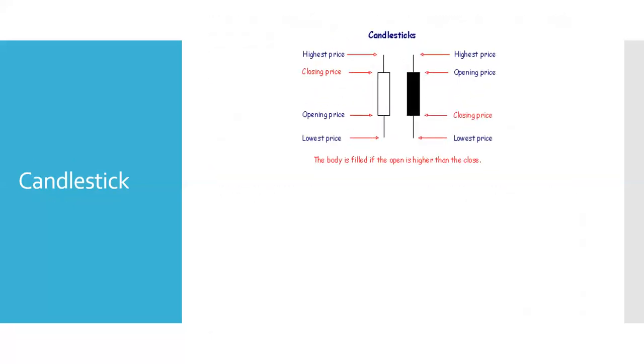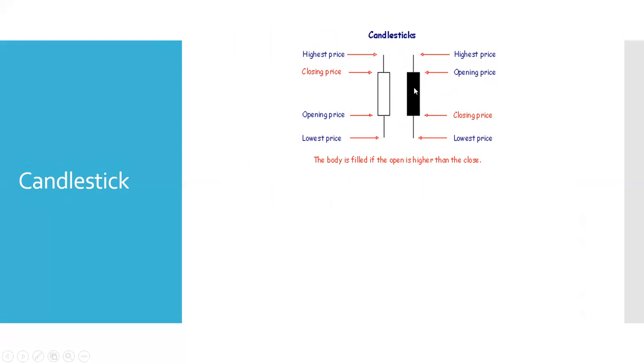You can see this chart. This is a candlestick chart. This candle, this vertical box, is showing the closing and opening price. If the closing price is higher than the opening price, this is a clear candle. But if the opening price is higher than the closing price, then the candle is shaded.